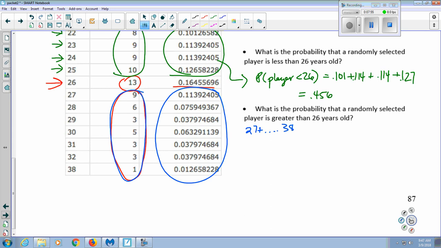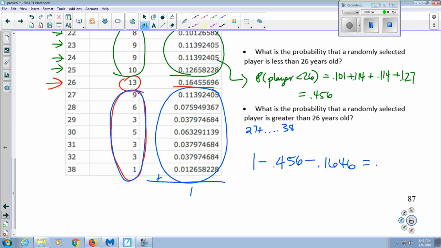There's one other way we can do this, because if we added up this whole table, it would equal 1. We could use that to do 1 minus the probability that a player was less than 26, and also the probability that a player was 26, because we also had that one.